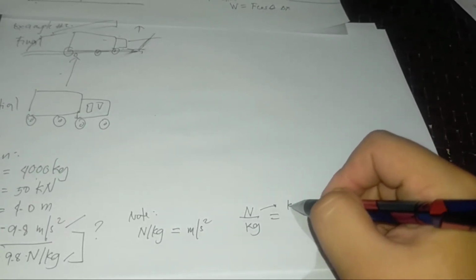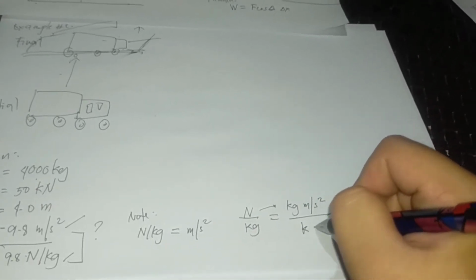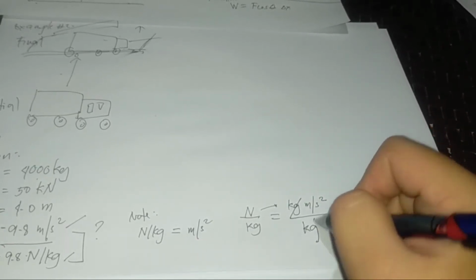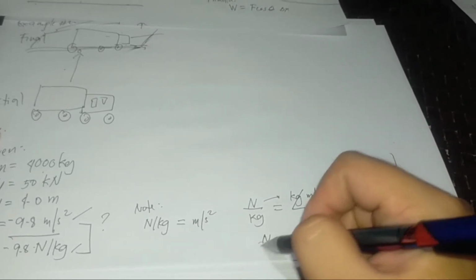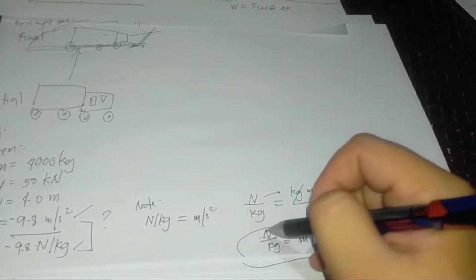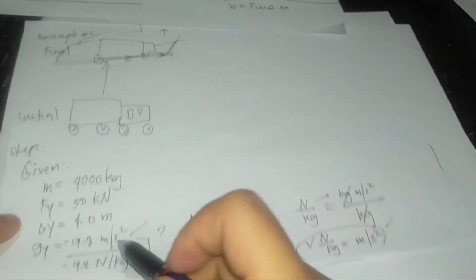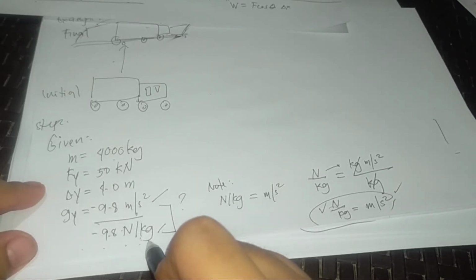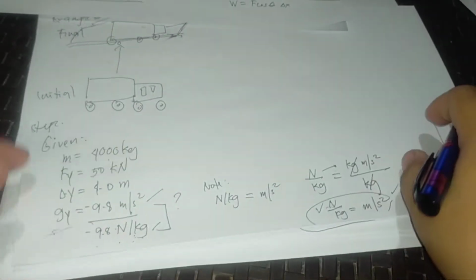We have kilogram meter per second square divided by kilogram. So, we cancel kilogram and kilogram. What is left is Newton per kilogram equal to meter per second square. So, see, both of them are equal. So, let's just use negative 9.8 Newton per kilogram as the value for gravity.